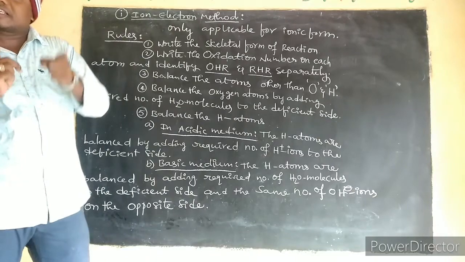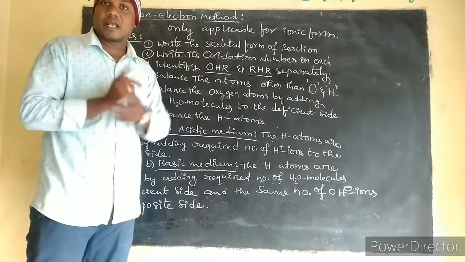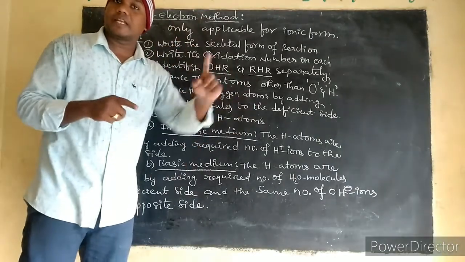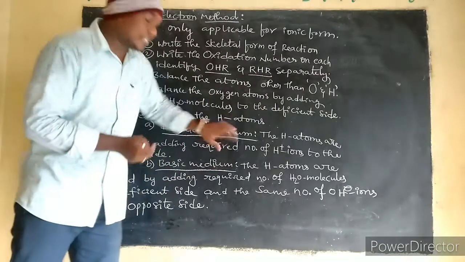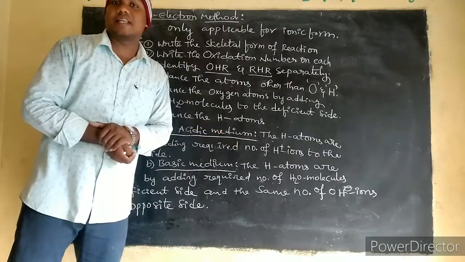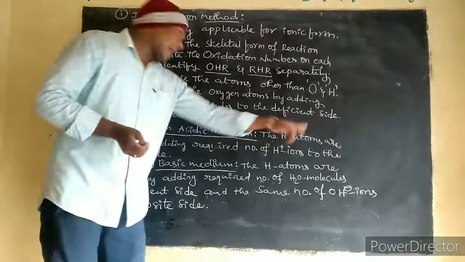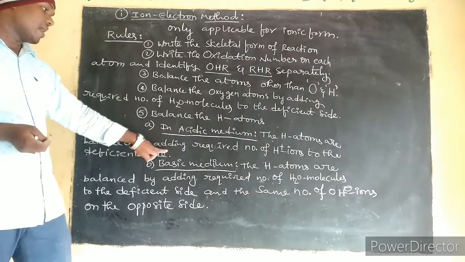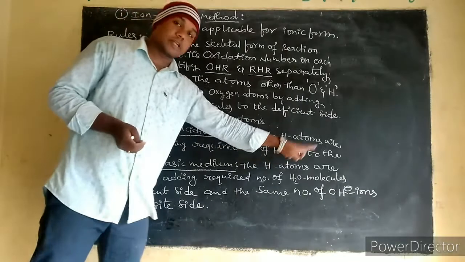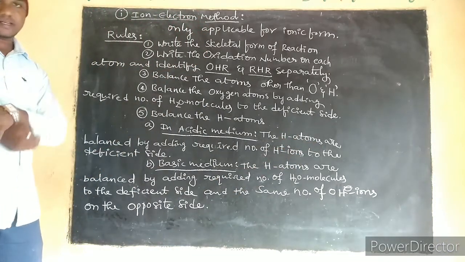So, for balancing hydrogen atoms, there are two conditions: the reaction in acidic medium, the reaction in basic medium. In acidic medium, what is the condition for balancing hydrogen atoms? In acidic medium, the hydrogen atoms are balanced by adding required number of H plus ions to the deficient side.